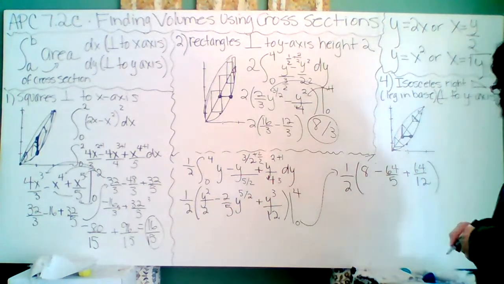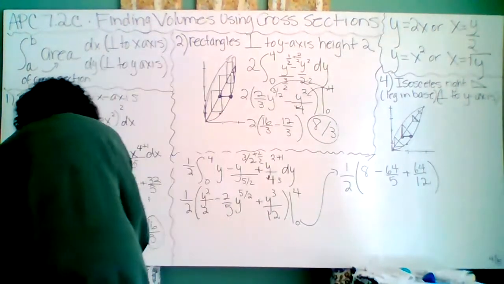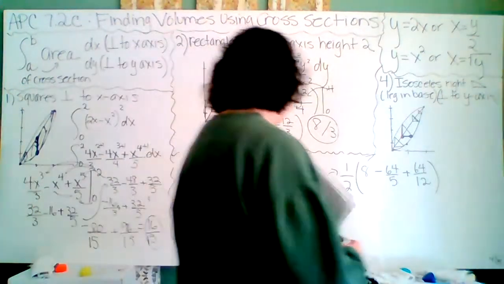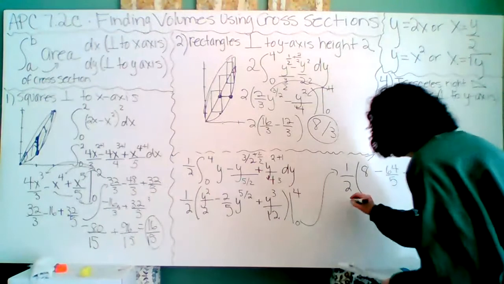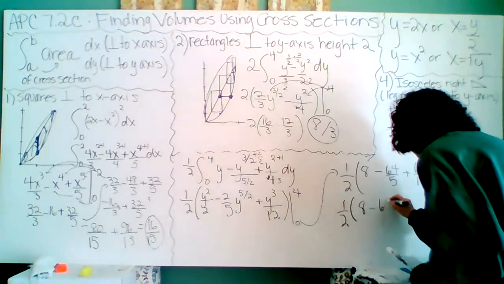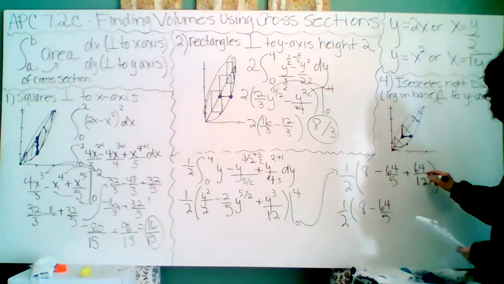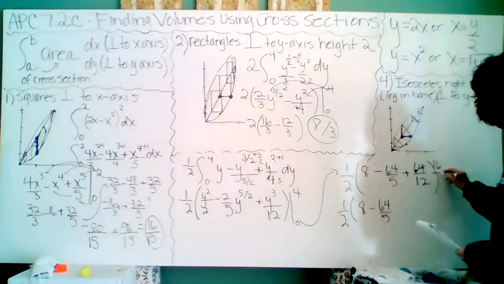There we go. I think I can reduce 64/12. So I have 1/2, 8 minus 64/5. And then let's see, I can take a 4 out of each, so that'll be 16/3.